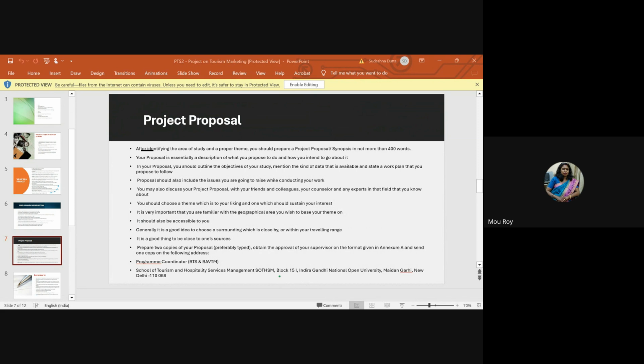Don't wait for him to guide you and then you will do it, because a supervisor is not your teacher. A supervisor will only supervise you. He or she will just monitor you.